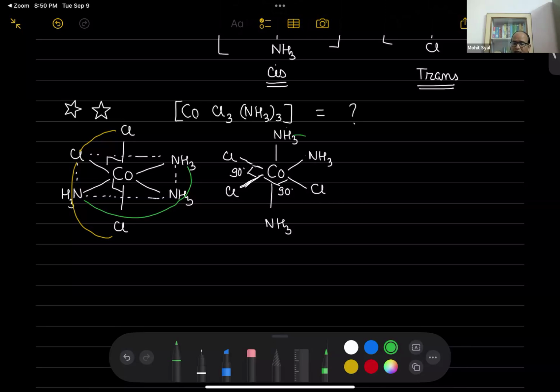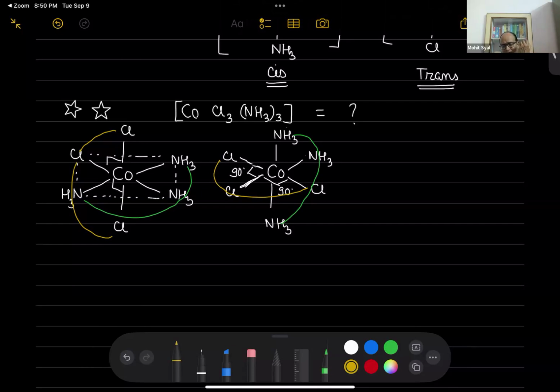Let's try to connect, Aisha, here also the three NH3 groups. Got it? And the chloride, same type of ligand are being connected by lines. Got it? So you can see either you will have this kind of line or this kind of semicircular line. Got it?